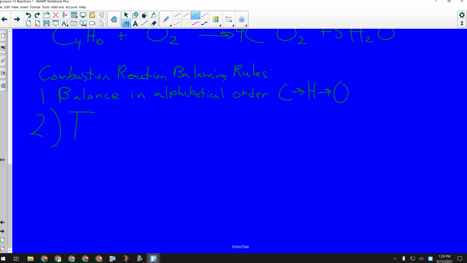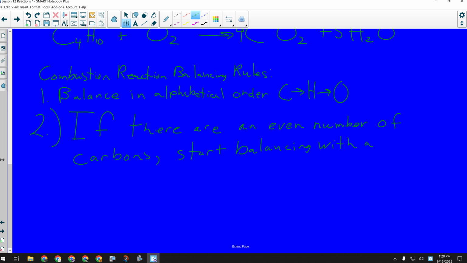If there's an even number of carbons, okay, because multiplying a 0.5 by 2 makes it a whole number, right?